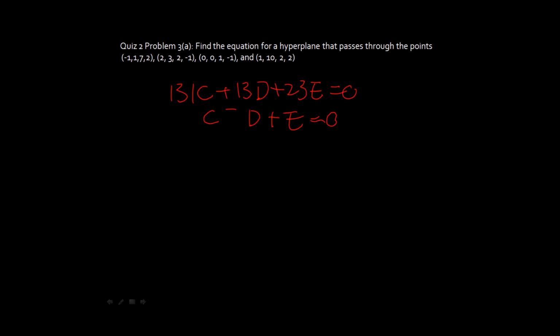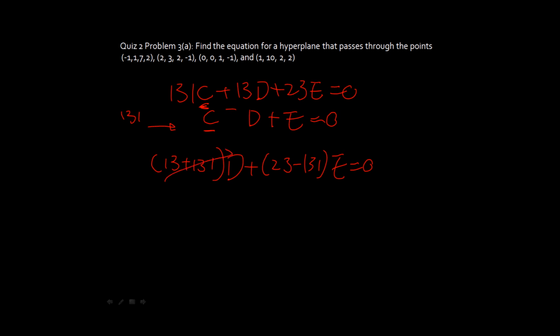And what I'm going to do here is eliminate the unknown C. So this is simple. This time I only need to subtract this equation 131 times from the first equation. Then I can get rid of the unknown C, right? So that's why I have 13 plus 131D, and then I have 23 minus 131E equals to 0, right?